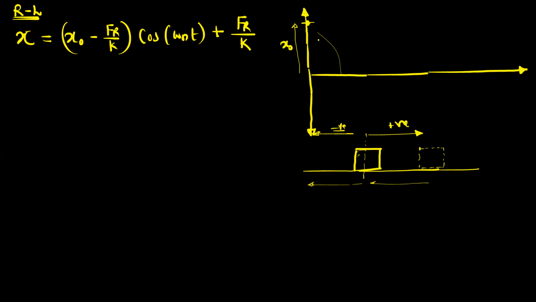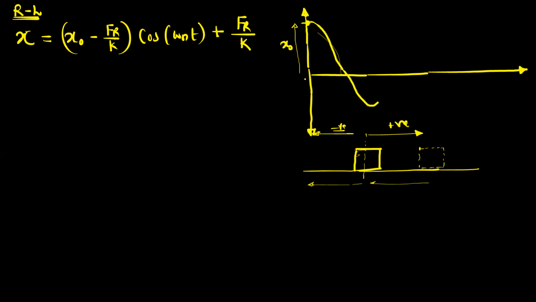So our waveform will start from this point. It will gradually approach the mean position. After that, it will cross the mean position and move towards the left side. But during this motion, this x0 value will go on reducing.